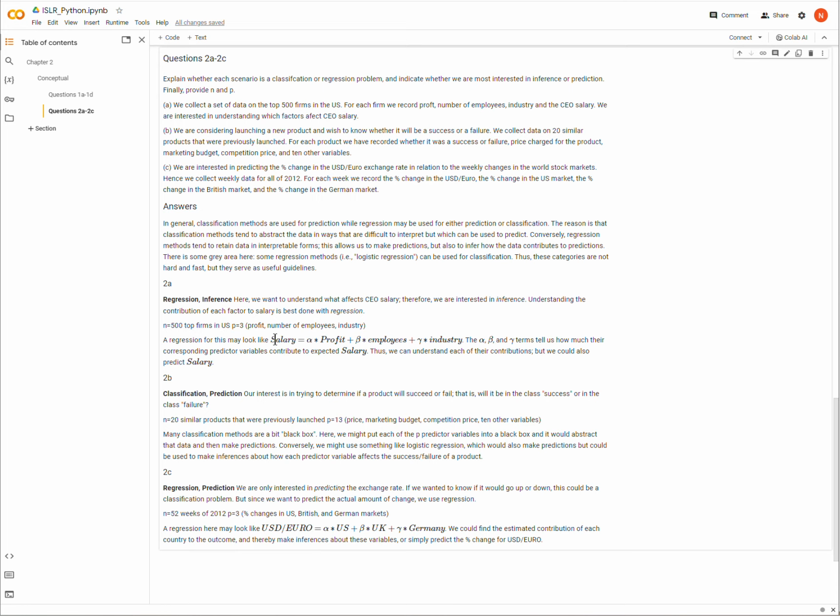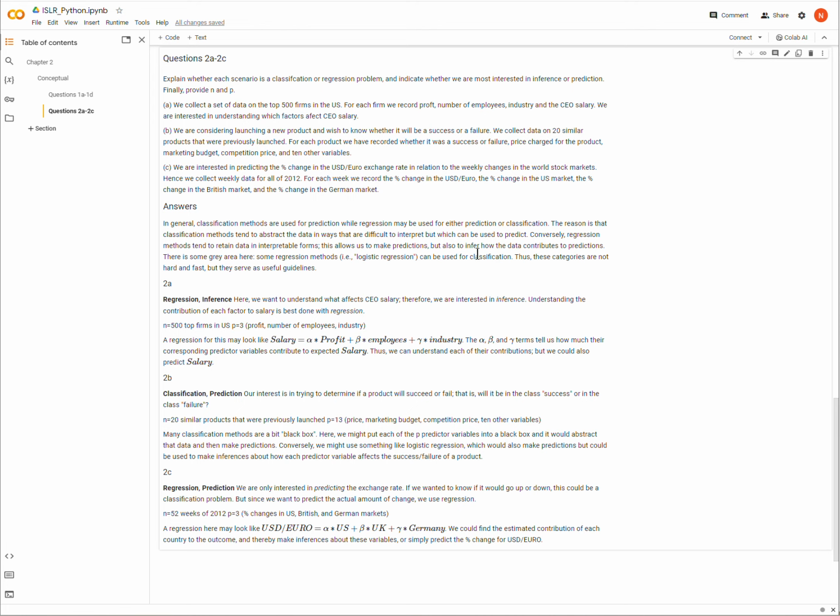So we might classify salary here as high or low, or above $500,000 and below $500,000 salary, or something like that. And the explanatory variables go in just like this, and at the end we can say, okay, well, the company's profit alpha is important for whether or not a CEO's salary is above or below some threshold. So these are general guidelines, but there is some crossover and some gray area in terms of regression, classification, inference, prediction, etc.